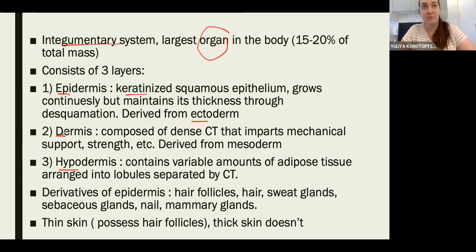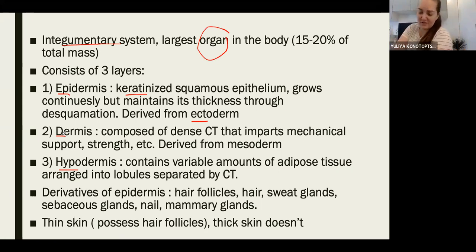Hypodermis is fat, adipose tissue, so it actually arises from mesenchyme, but mesenchyme comes from mesoderm. So in a way, hypodermis is also a part of mesoderm, just not directly, right? Mesoderm first has to give rise to mesenchyme, and then it will become the fat.